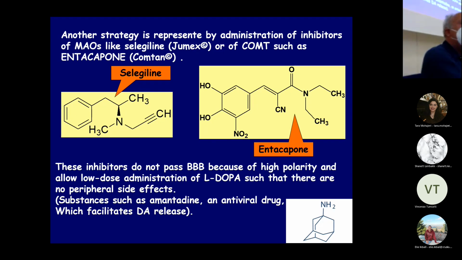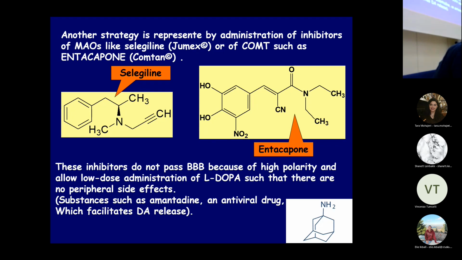A consideration just on selegiline. Selegiline is an inhibitor of monoamine oxidases. This means that selegiline is able to increase the concentration of dopamine inside the synaptic cleft. Okay.